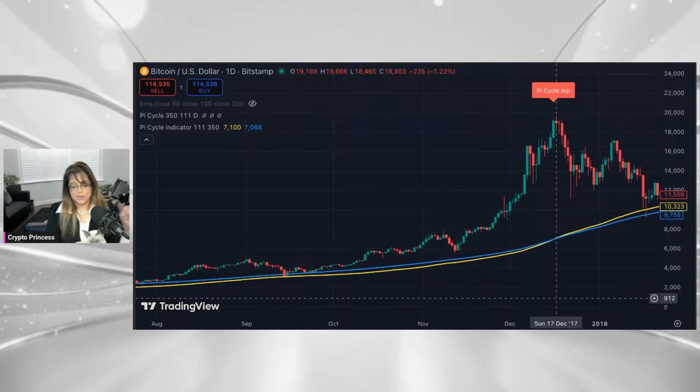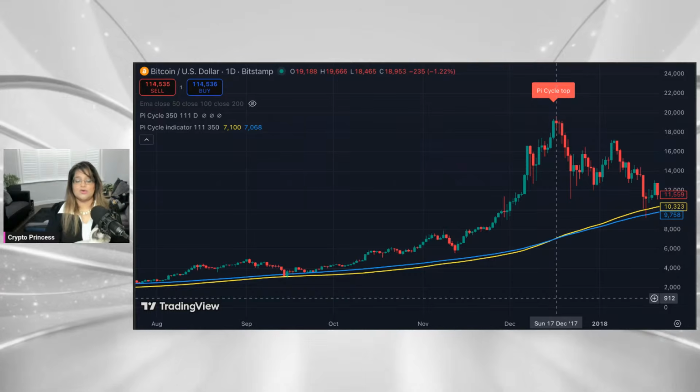Now, at one point we will look at the sentiment oscillator, the fear and greed index, and we'll see what it's like there, because that's definitely nowhere near as accurate as the Pi cycle top.